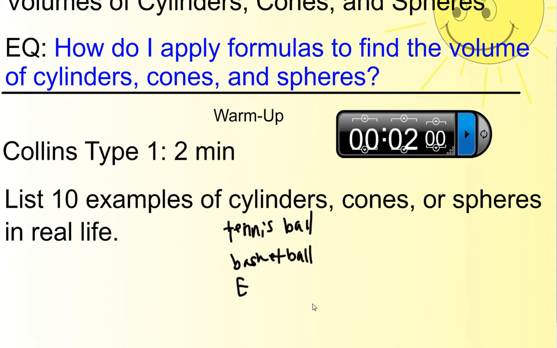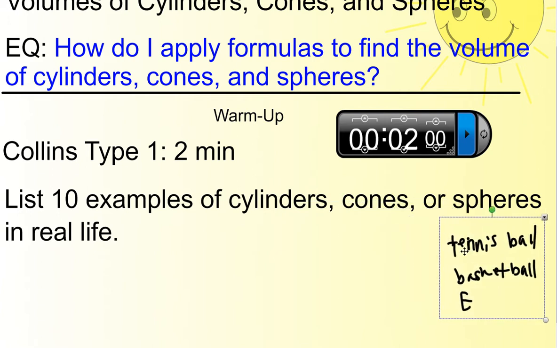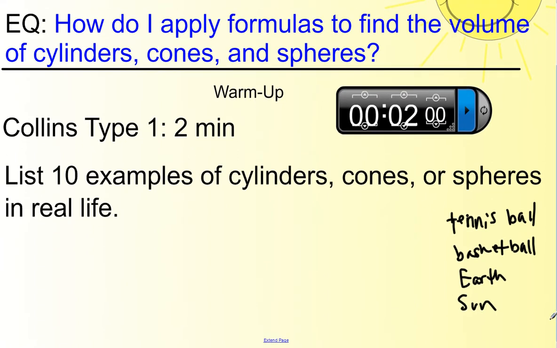Whoa, what am I doing? These aren't cylinders. Spheres. You can do the sun. What's something else that's in the shape of a sphere, that's not just a ball or a planet? I don't know. I'll think of something.